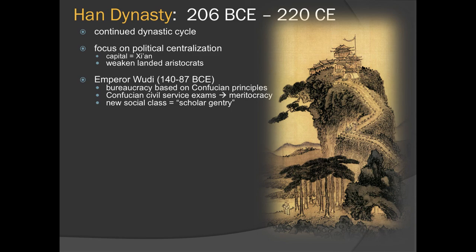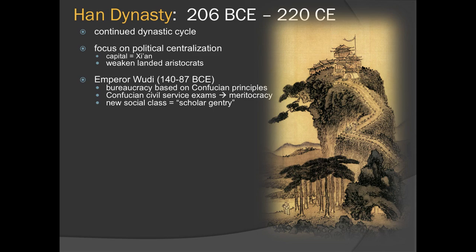All right. He again understood the importance of creating a strong centralized government to have unified control over China. So by creating a bureaucracy, we can do that. Have bureaucrats answer or carry out the orders of the emperor. So what Emperor Wu Di does is he decides that we're going to use Confucianism as a guide for our government.